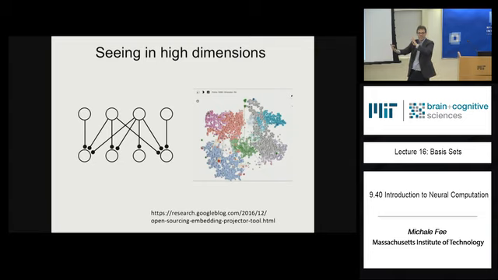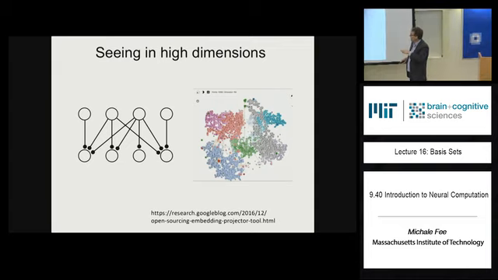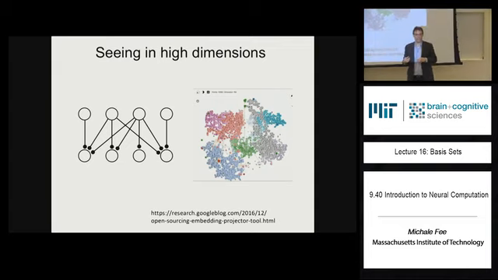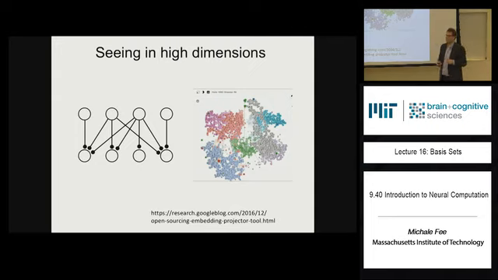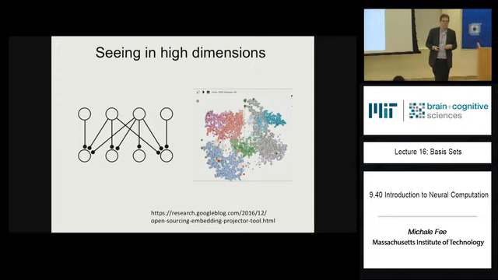Things get separated that in other views are mixed up and covering each other. And that's exactly what neural networks are doing when they're analyzing sensory stimuli. They're doing that kind of rotation and untangling the data to see what's there in that high dimensional data. All right, that's it.